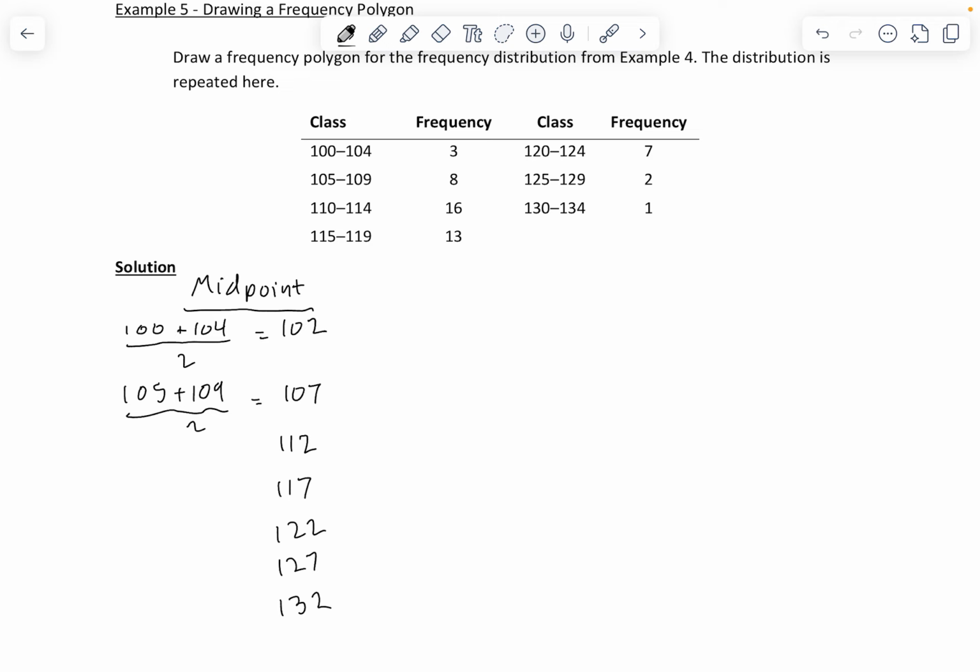So once I have the midpoints, what I do is I come down here and I have, again, a horizontal and vertical axis. I'm going to label the axes the same, actually. I'm going to label this one temperature. And this one, number of states.